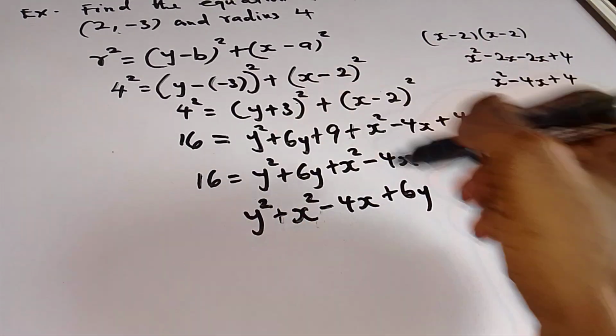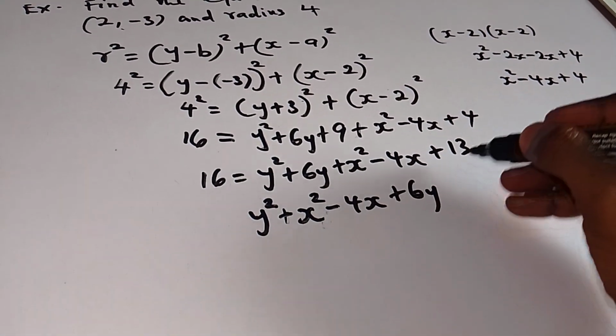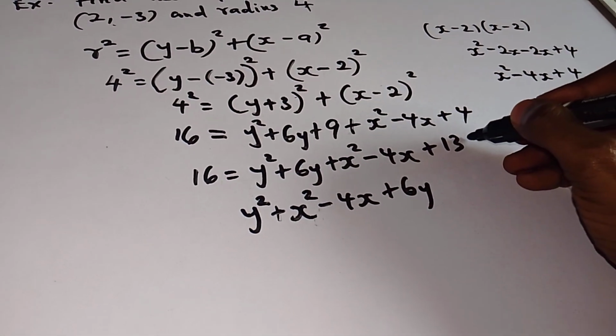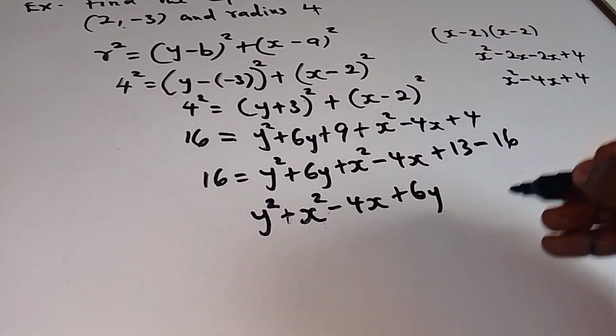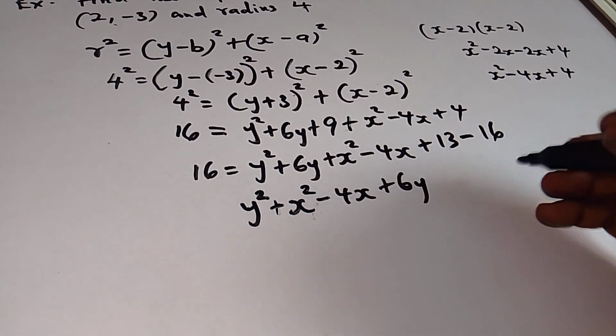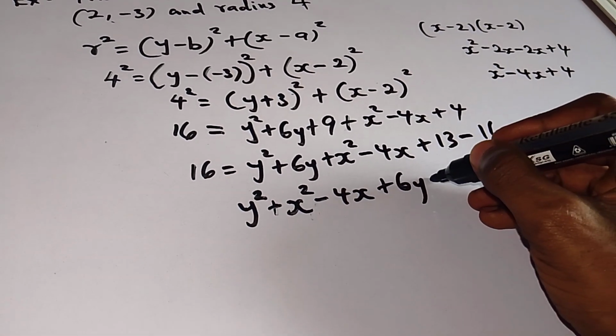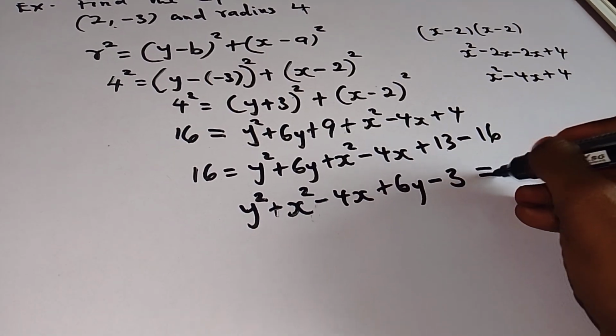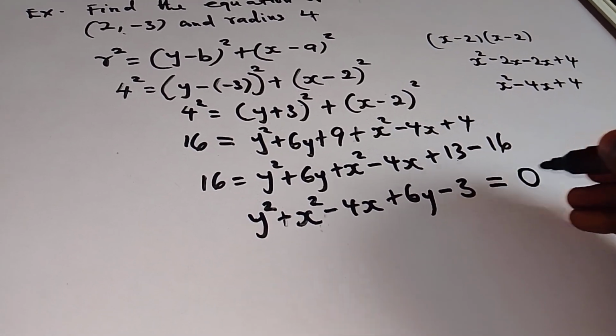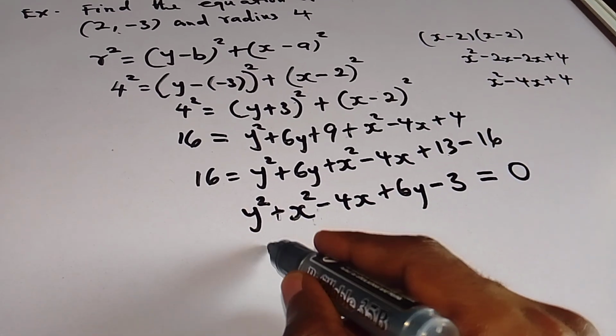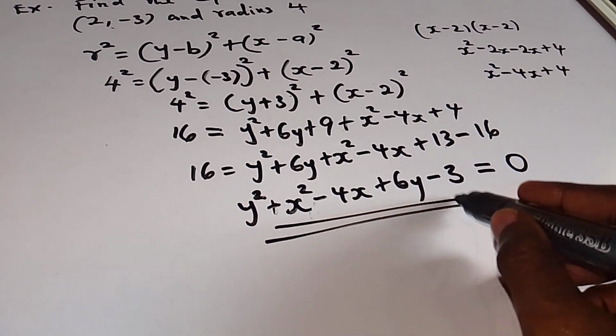Then we bring in this 16, it becomes minus 16, so 13 minus 16 will give us minus 3. Minus 3 equals 0. So this becomes the equation of the circle.